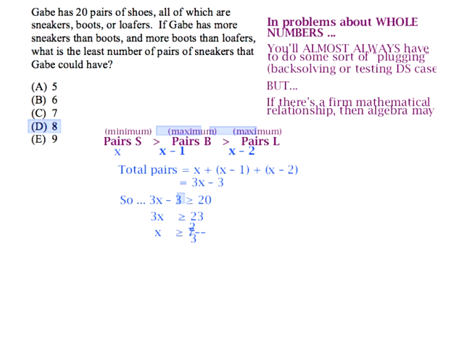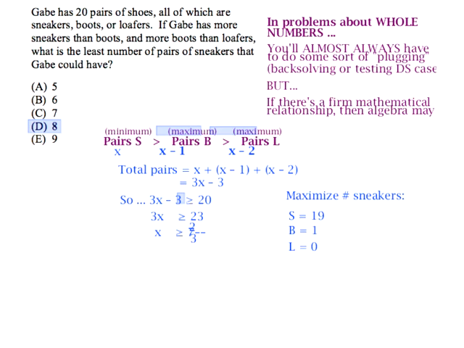So if you wanted to maximize the sneakers, it wouldn't be 20, because you do have to have more of each. So then you could have 19 pairs of sneakers, and then you could have 1 pair of boots, and you could have no loafers, because there's nothing in this problem that prohibits something from being 0 pairs.